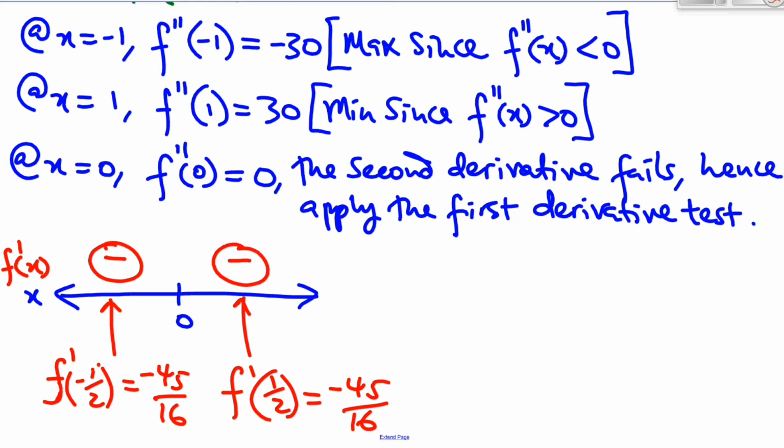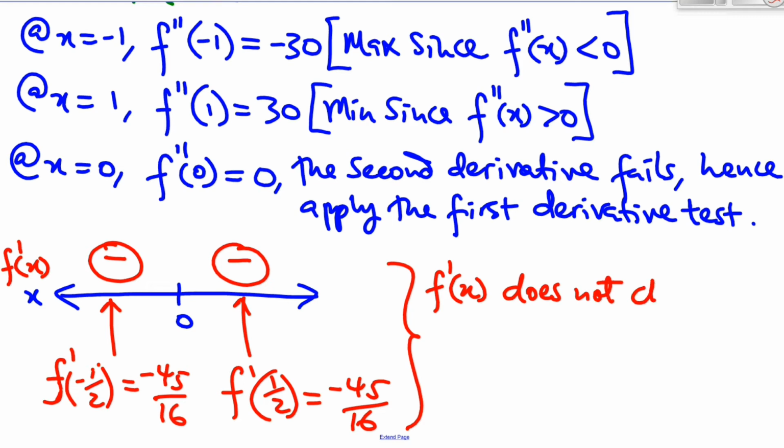So we can see from this sign diagram that f'(x), or the slope, does not change sign, which means at x = 0, the original function has no local maximum or minimum.